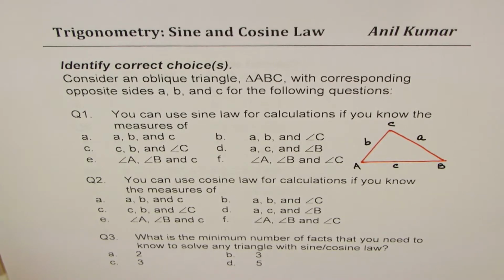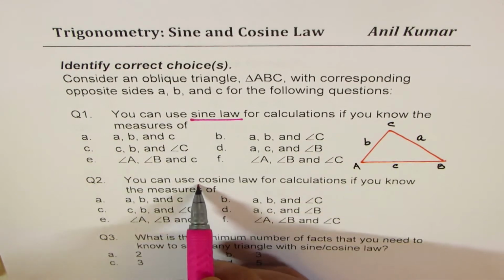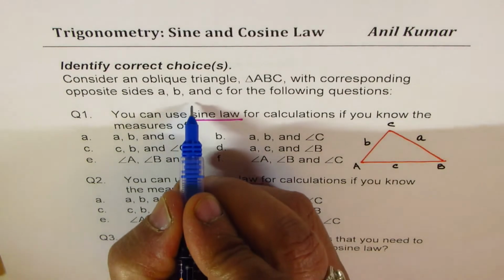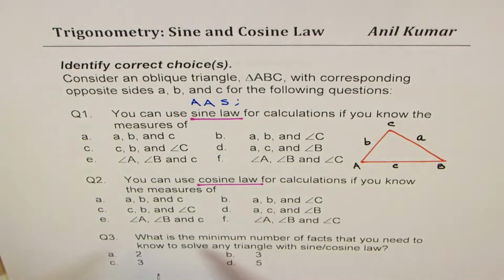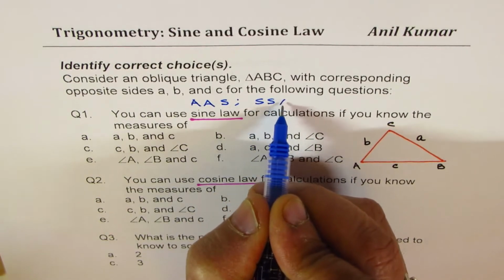The idea is to understand the concept, and then we are going to use this concept to solve questions. So let's see. We are now looking for sine law and cosine law. The idea is that sine law you could always do if we are talking about any two angles and a side, or we are talking about two sides and the third angle, right?